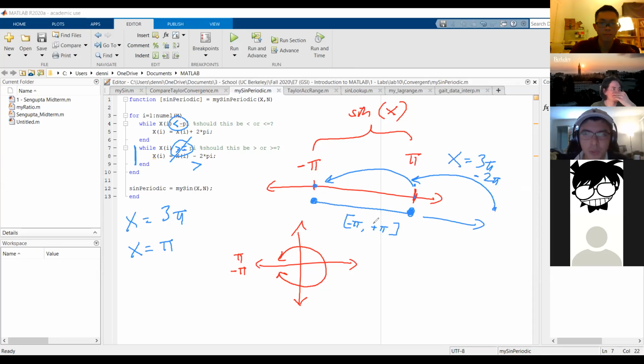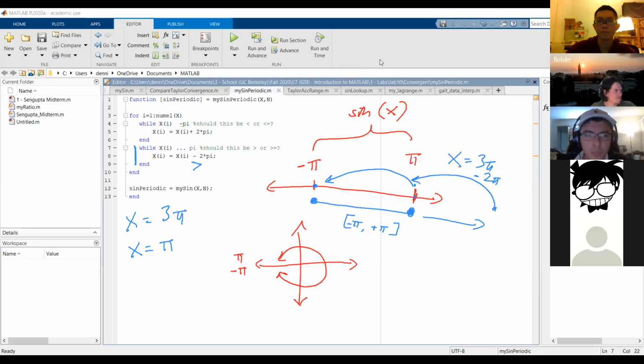Then both of them could just be less than and greater than, because if it's equal, you don't need to shift it up. That's right. If it's equal to either negative pi or pi, that's okay. We don't need to modify it.